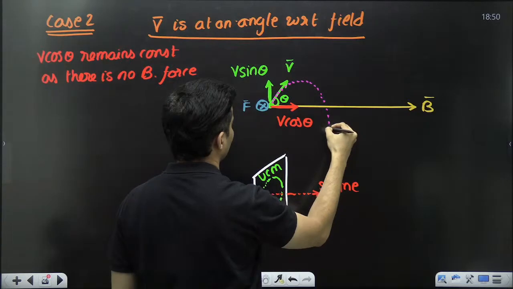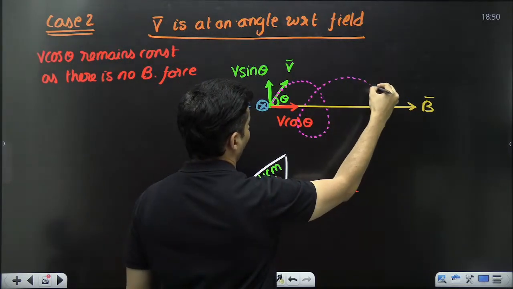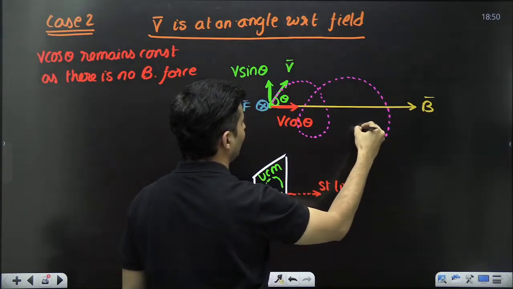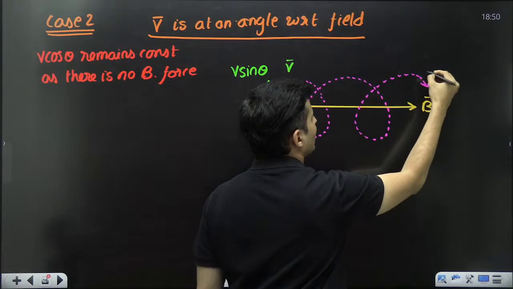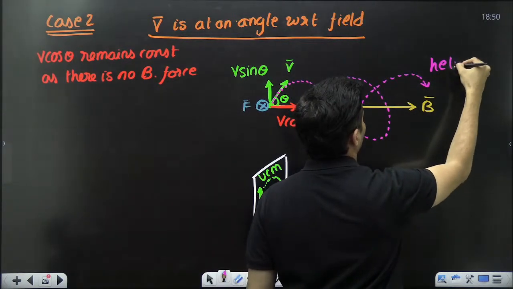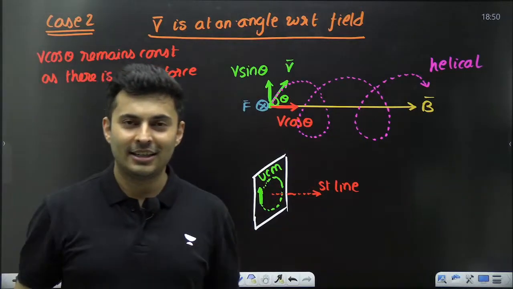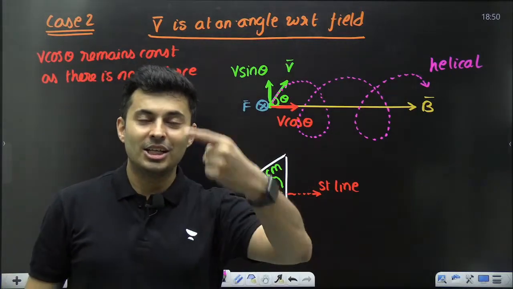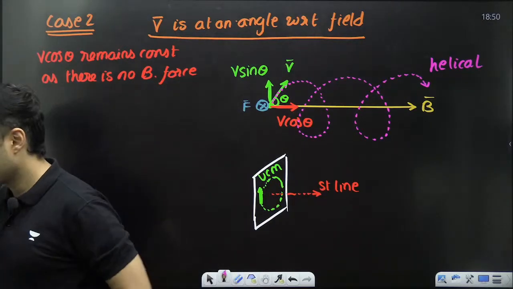It will go front, but it will also go round. This kind of motion is called helical motion. It is called a helix. It's like a spring, the shape of a spring. Exactly, that is called helical motion.